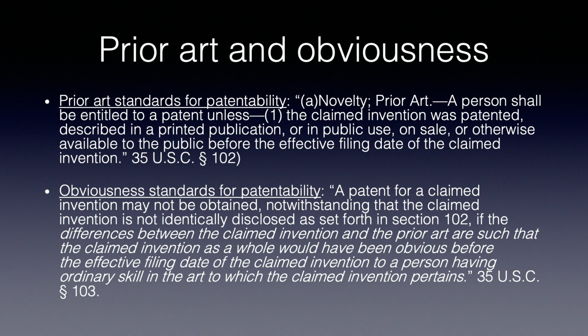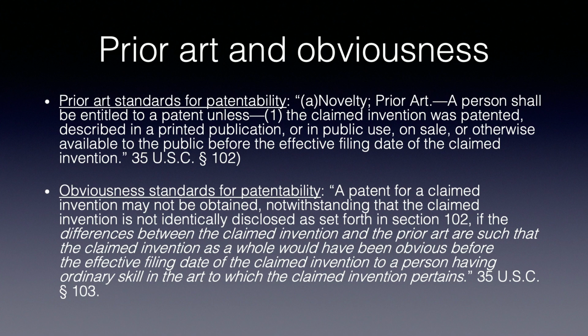A person shall be entitled to a patent unless the claimed invention was patented, described in a printed publication, or in public use, on sale, or otherwise available to the public before the effective filing date of the claimed invention. 35 U.S.C. 102.